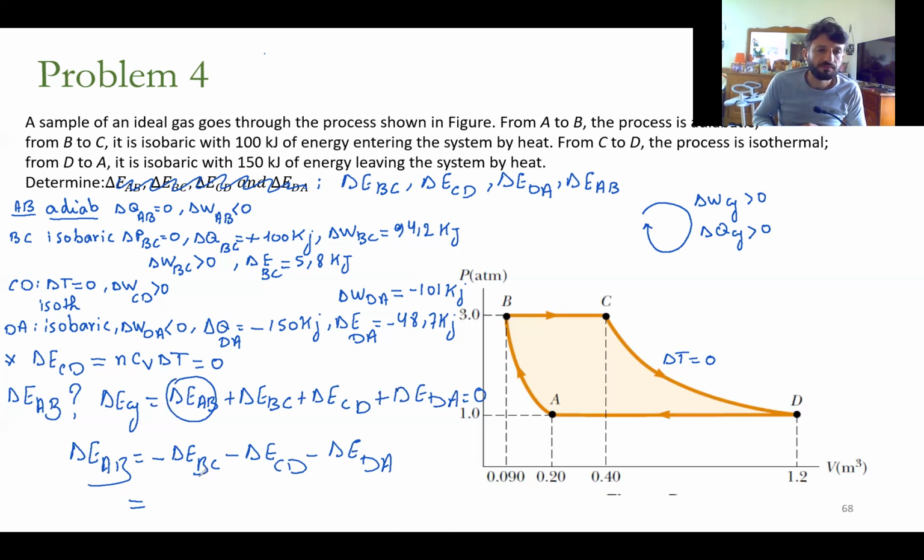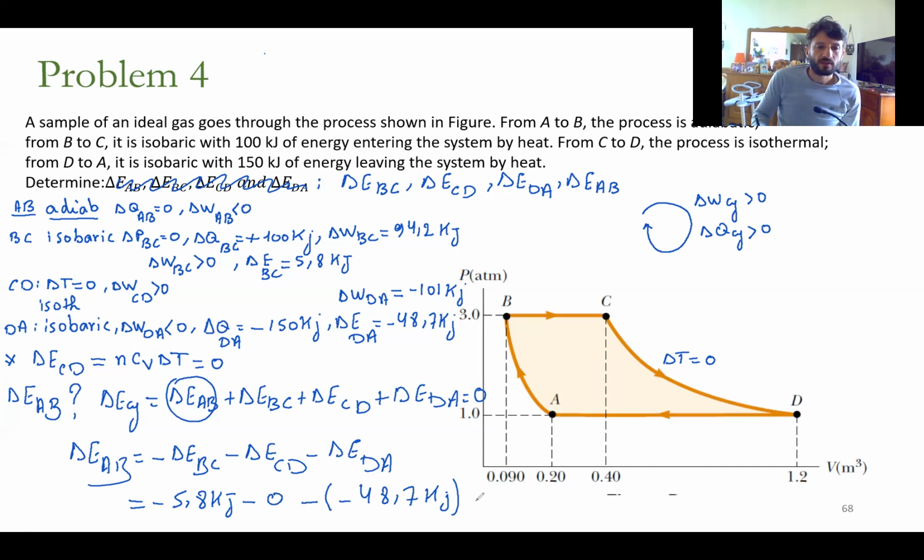Delta E BC equals 5.8 kilojoules, delta E CD equals 0, delta E DA equals minus 48.7 kilojoules.